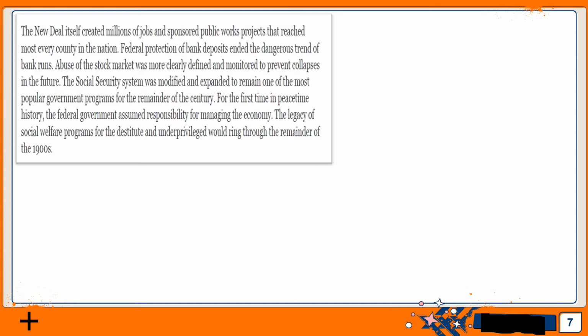Because it said the first will be last, and the last will be first. So the New Deal, it created millions of jobs and sponsored public work projects that reach most every country in the nation. That's the first sentence.